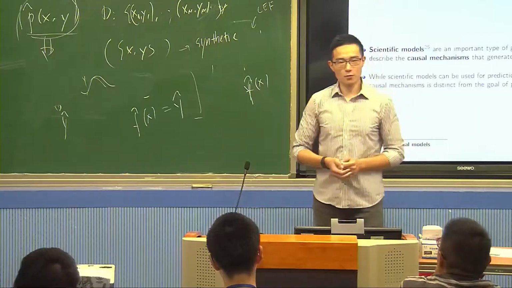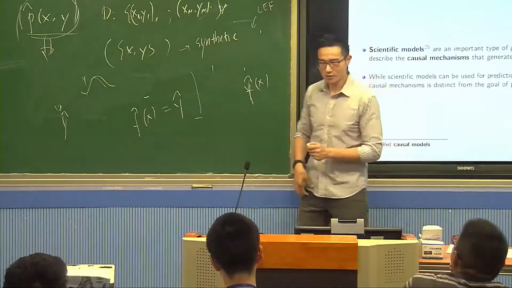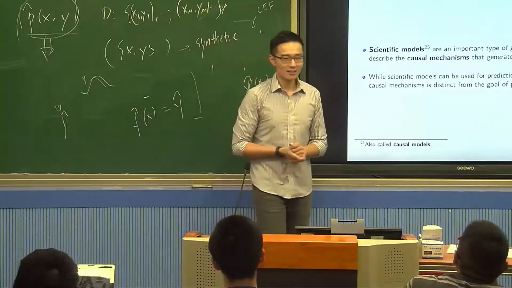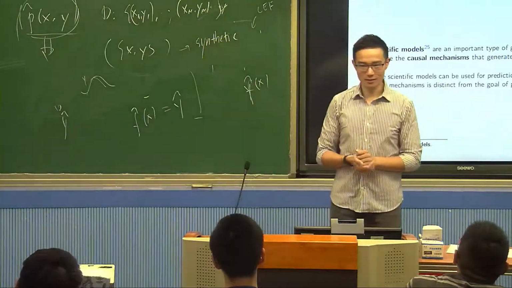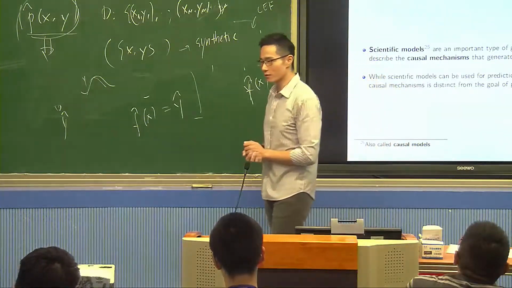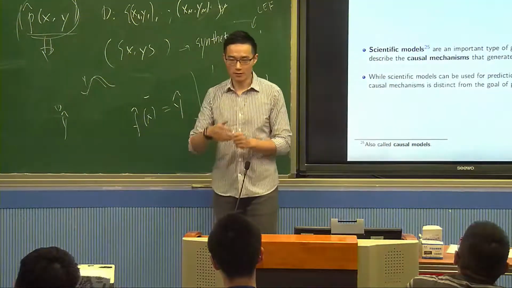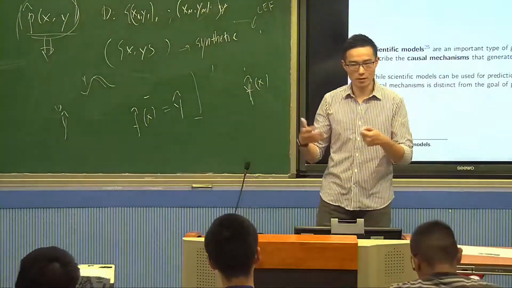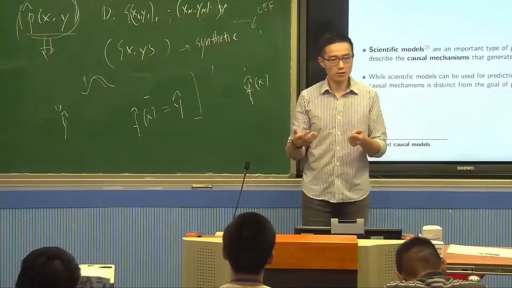Now, there's one very important type of generative model, which is the scientific model. Every scientific model, which in economics we also call a structural model, as I already described in my introduction, whether in natural science or economic theory, is generative.